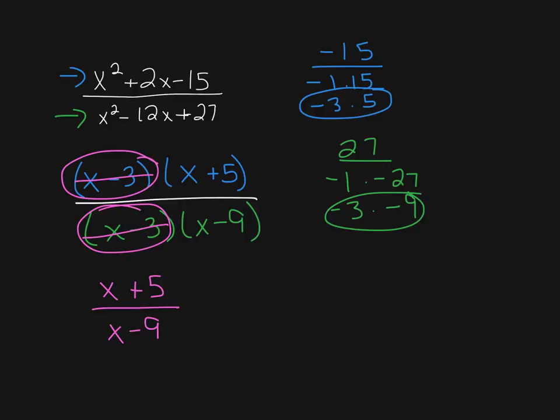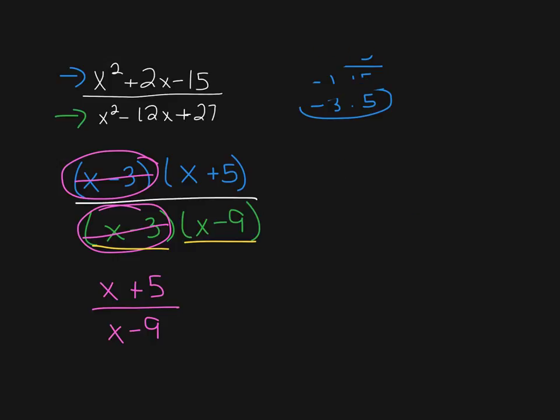Now we need to do our excluded values. x minus 3, x minus 9. Remember, even if you crossed it off, you've got to use it for the excluded values. So let me erase this to give us some room.